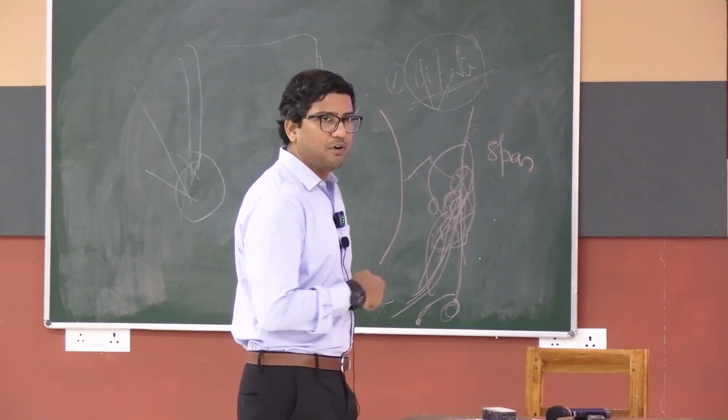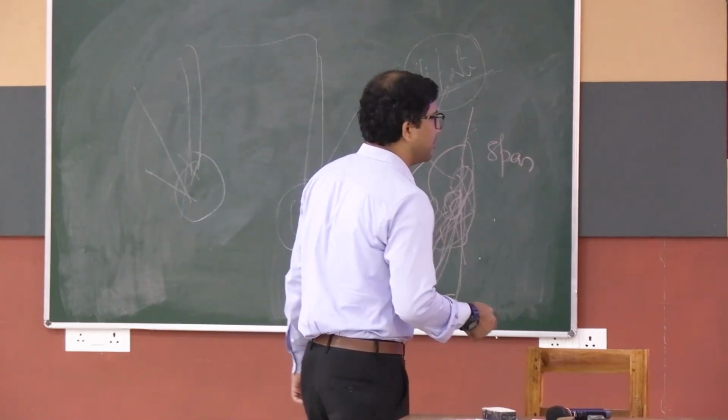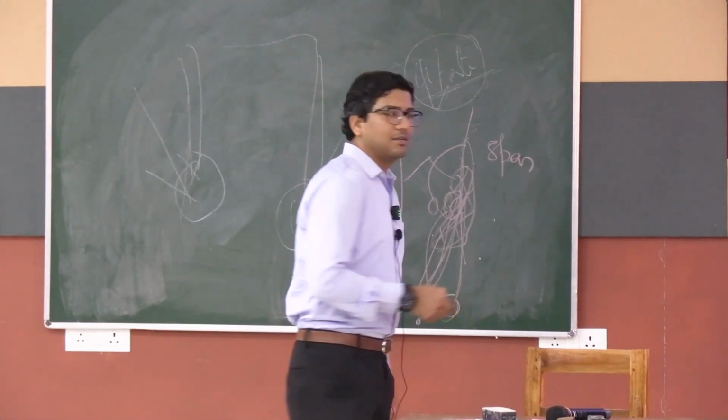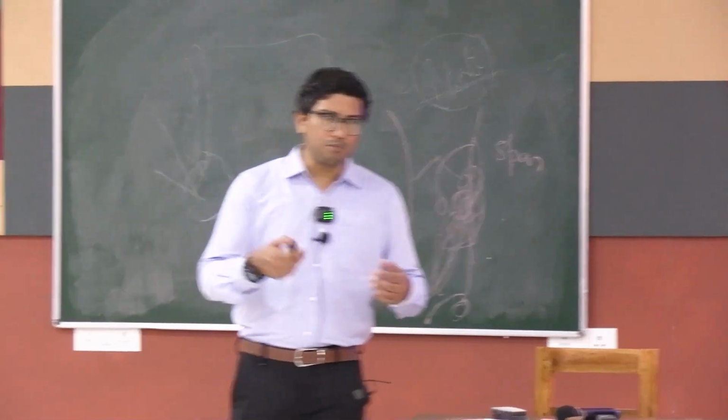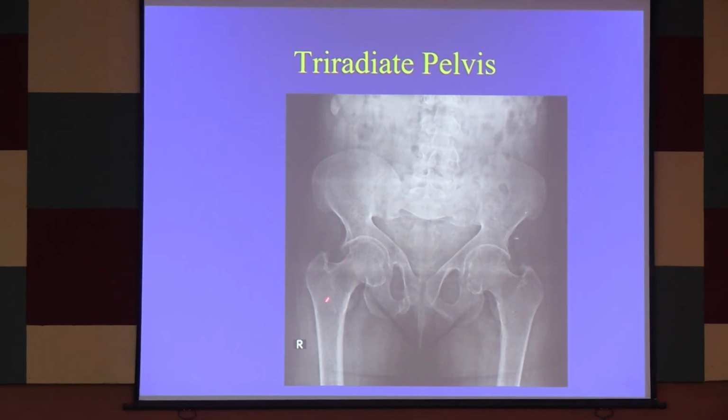You get pelvic deformity. We call it triradiate pelvis and protrusio acetabuli. What are these? Since the bone is weak, with normal loading, what happens? The acetabulum is weak, so with normal loading it goes inward. The femoral head is protruded inward. It is called protrusio.